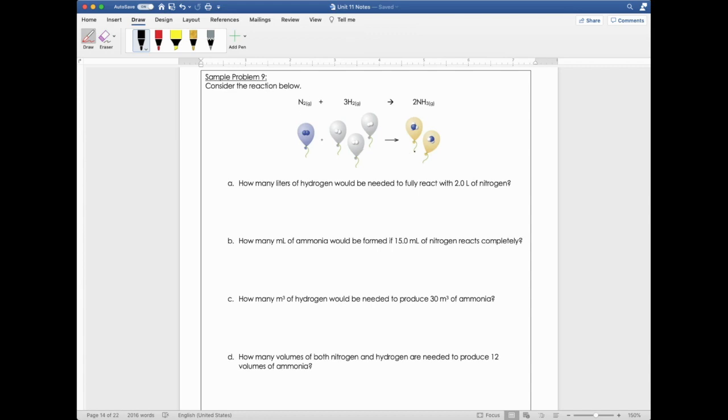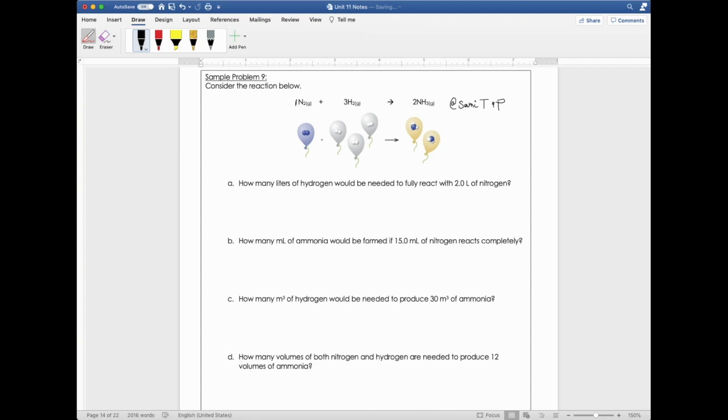So let's just consider this picture here. I found this online, and I thought this was a really nice representation of Avogadro's law. We have nitrogen gas reacting with hydrogen gas to produce ammonia. And 1 mole of nitrogen reacts with 3 moles of hydrogen to produce 2 moles of ammonia. Because these are at the same temperature and pressure, we're assuming they're the same, just because why would they change in a reaction unless you're altering them, but that's something totally different.